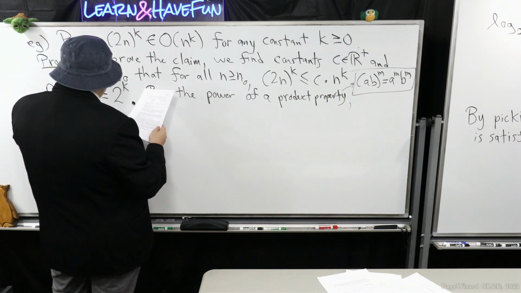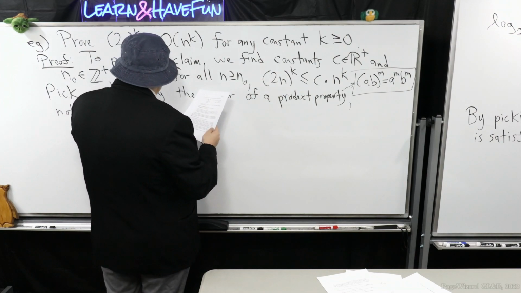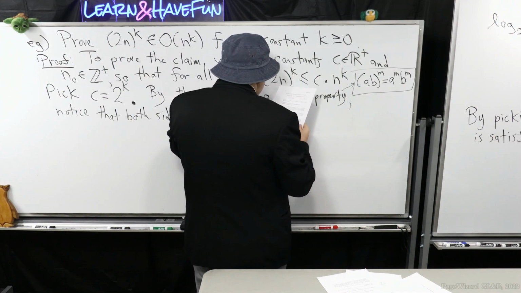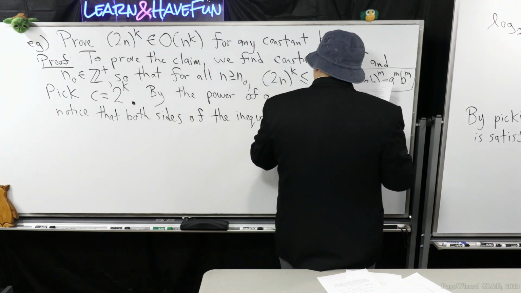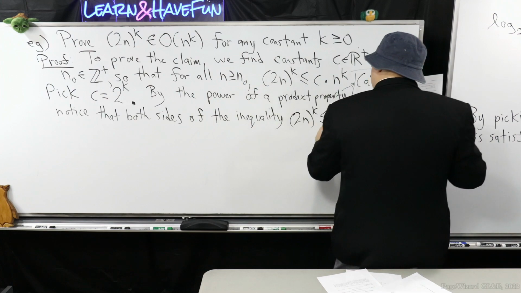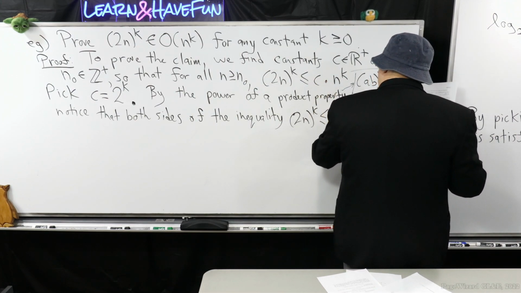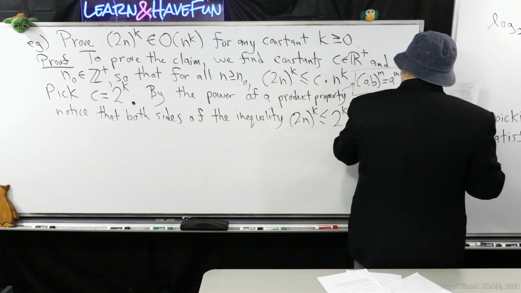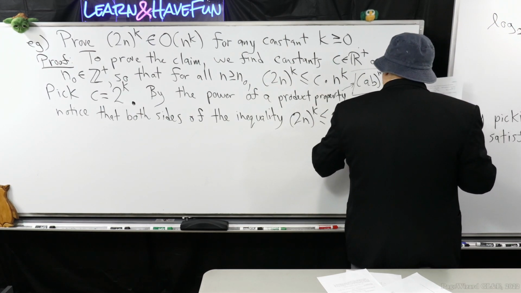Notice that both sides of the inequality are equal to n to the power of k, and all I'm going to do is apply that property, which, remember, will just end up being the right-hand side to the power of k times n to the power of k for all n greater or equal to 1.